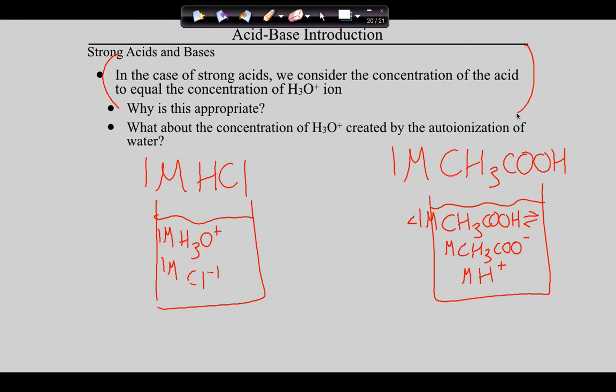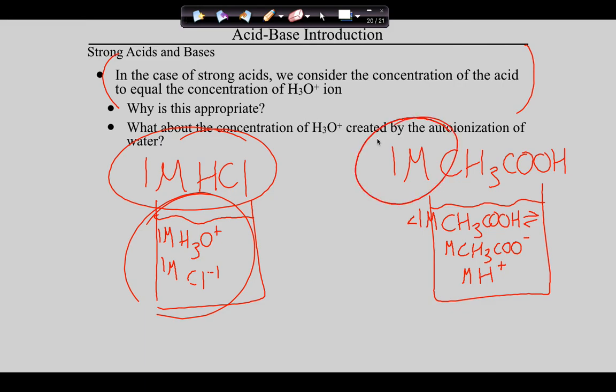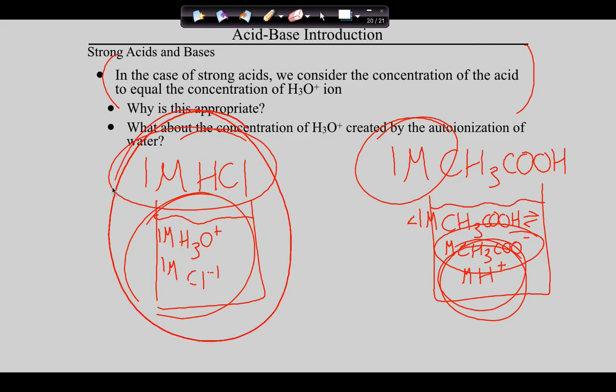When we're talking about strong acids and bases, the concentration of the acid is the concentration of hydronium ion. In a weak acid, the concentration of the weak acid is not the concentration of the hydronium ion because not all of the acid breaks apart. Do you see? So guys, this you're going to see in homework today. This we're going to talk about when I see you on Monday.